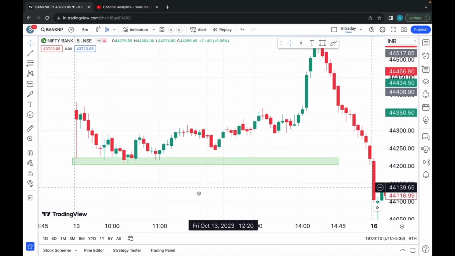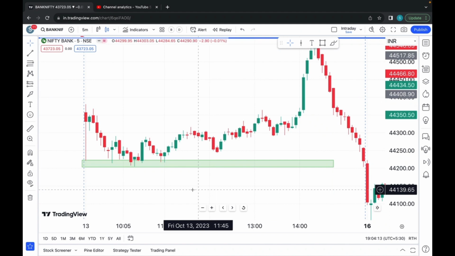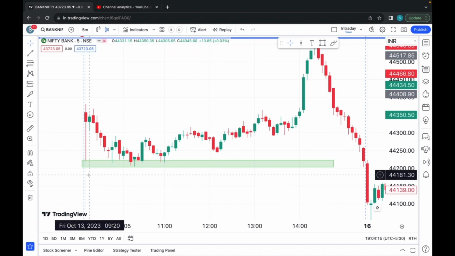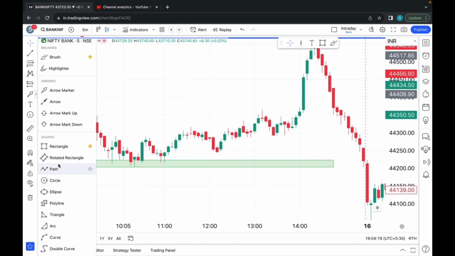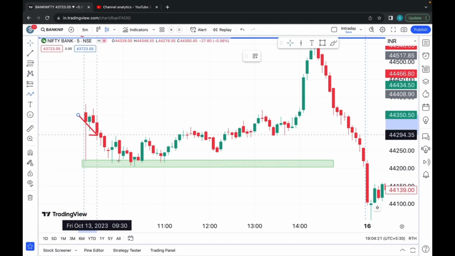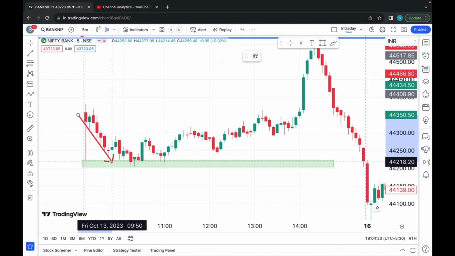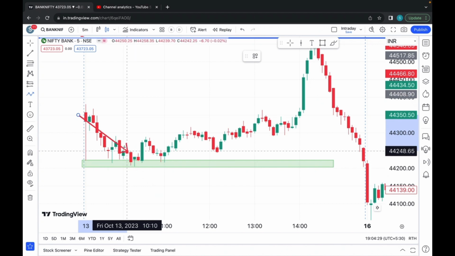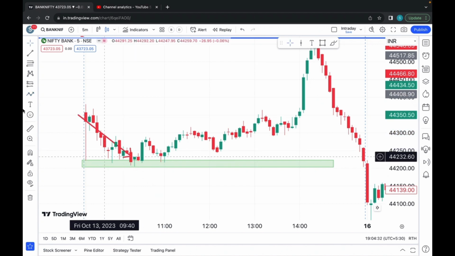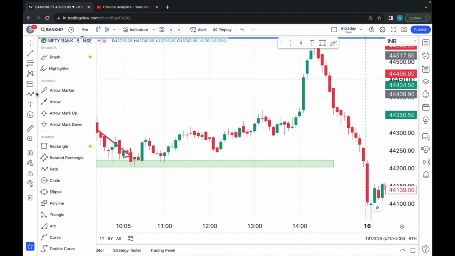And you see here, on this particular day, that is 13th of October, the market has seen a downtrend here. You notice this candle here, which is coming after a downtrend. This is a perfect hammer that I can say.